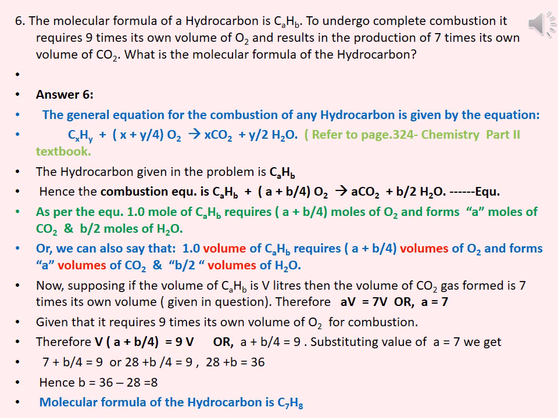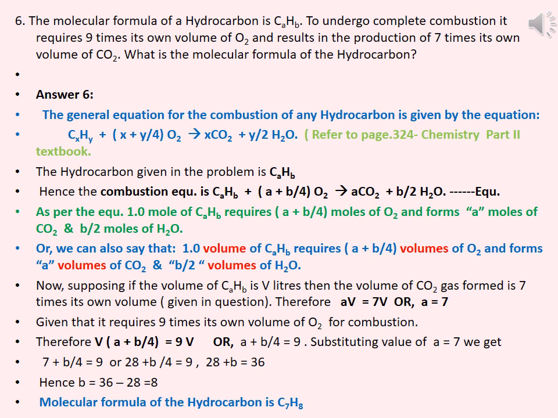As per this equation, 1 mole of CaHb requires (a plus b/4) moles of oxygen to form a moles of carbon dioxide and b/2 moles of water in the gaseous state, because it's a combustion reaction.